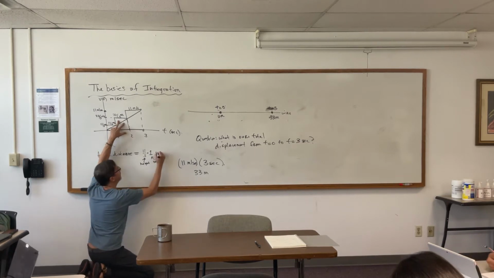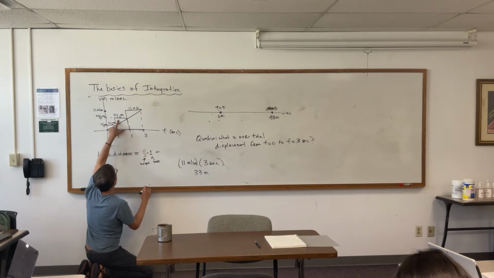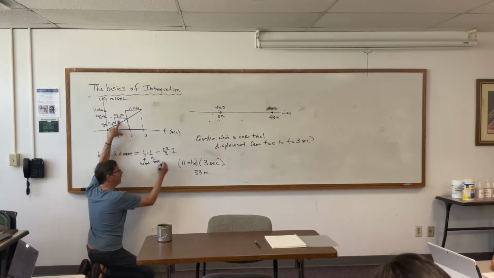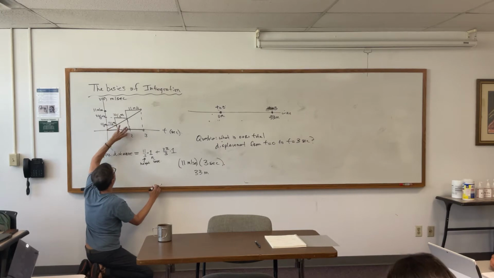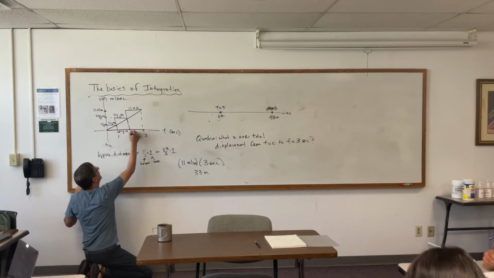Next rectangle, how far did I approximately travel over this next second? Well, I was going 22/3 meters per second for 1 second. So again, it's height times base. Here, notice my base is 1 unit across.